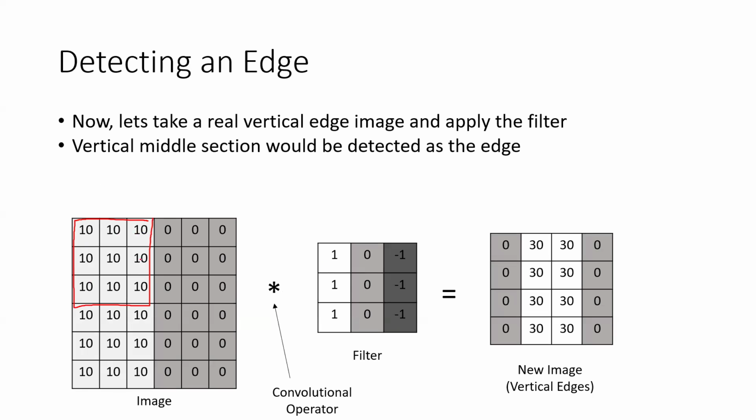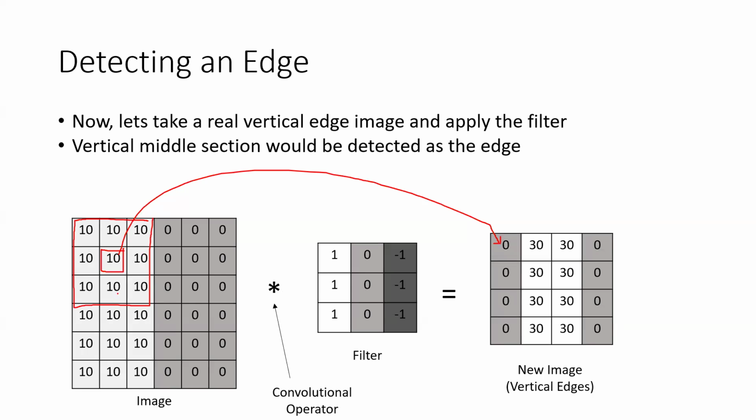These tens would be multiplied by -1, -1, -1, so it would be -30. The middle tens will be multiplied by 0, so it would be 0. So plus 30 minus 30 becomes 0, which is the output value of the edge image.